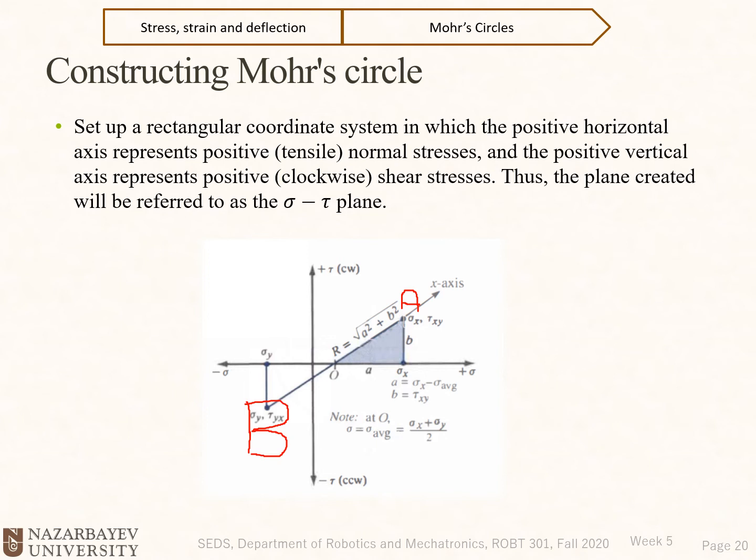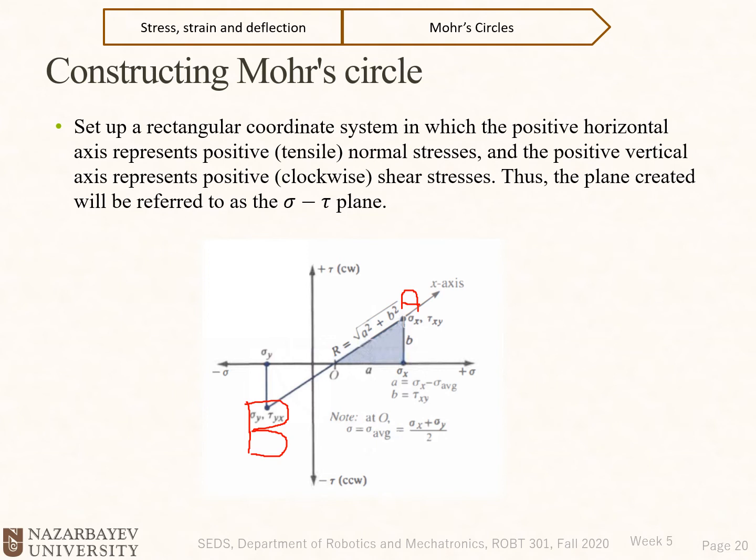So what is the center location? It's the average, sigma x plus sigma y divided by 2, that will be the location of O. How much is R or radius? It's the square root of a square plus b square.